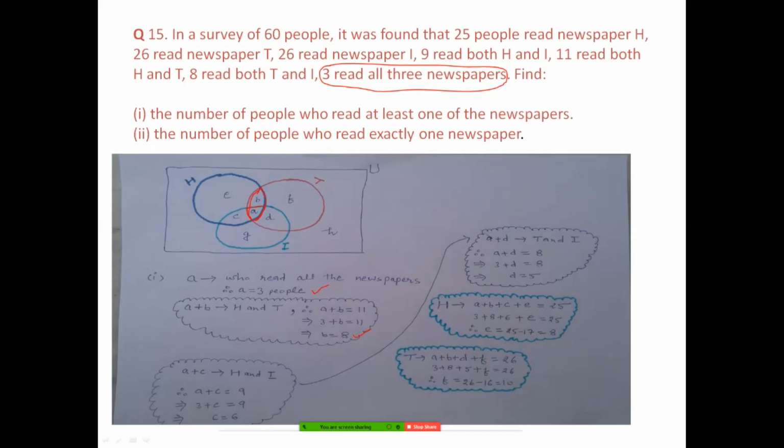Thereafter, in the statement, what is given? A plus C. What is A plus C? A plus C means the common of H and I. This is equal to H and I. Where is H and I? 9.